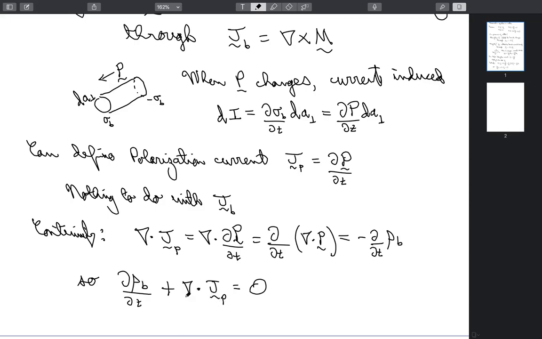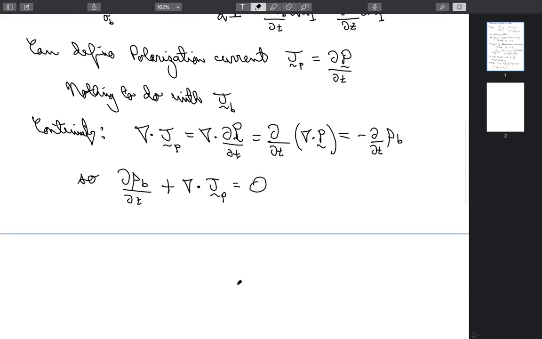Now, it's just a little bit unfortunate to use these little indices here. It would have been nicer had J_B been the current associated to rho bound, but you just have to remember this and not be too confused. It's kind of a historical accident. Many people use this convention here. But that's the expression of the conservation of charge locally for the bound charges that we have in our system.